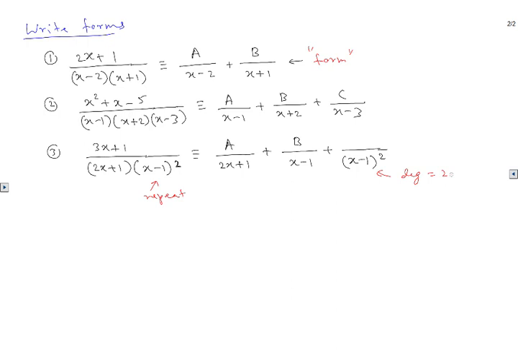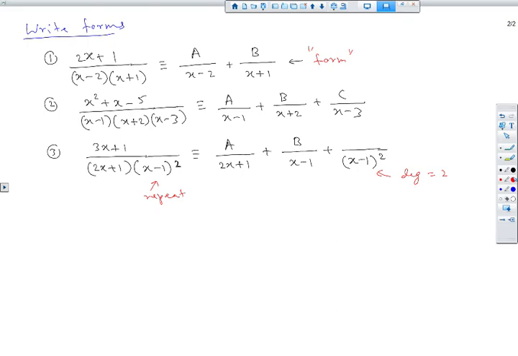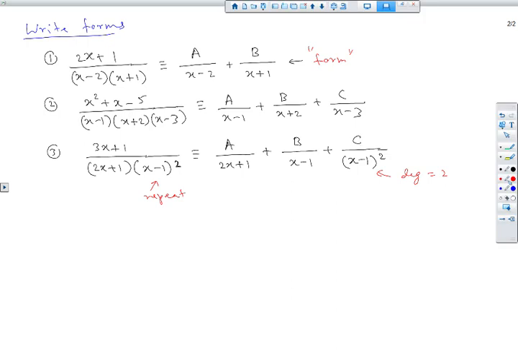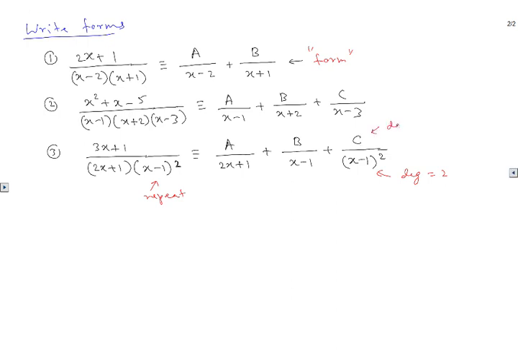But when you have repeated factors, you simply follow the pattern of the lowest one, a degree 0 term on the numerator. That means it is just a constant term. This only works when we have repeated factors. So you follow the pattern of the smallest one.